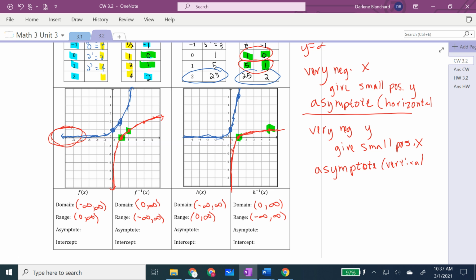Now, asymptotes. When you're dealing with exponential graphs, the asymptotes are horizontal lines at y equals 0. And if x's and y's are swapped, that means that the asymptotes on the logarithms are x equals 0.